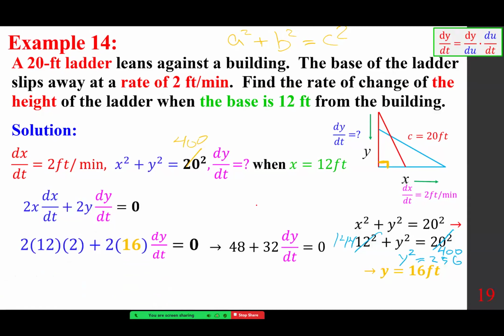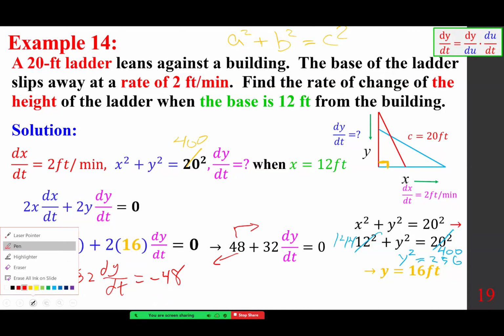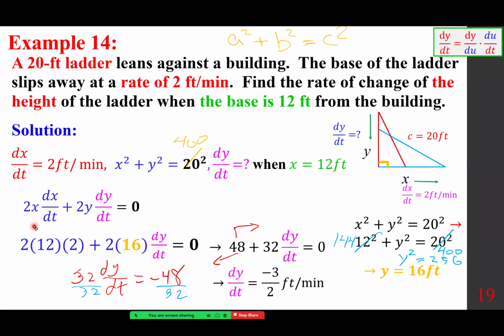And we're going to say 32 dy/dt is negative 48 because this has to move. Divide by 32, both numbers are divisible by 16. We get negative 3/2 feet per minute, units of y over units of t or time.